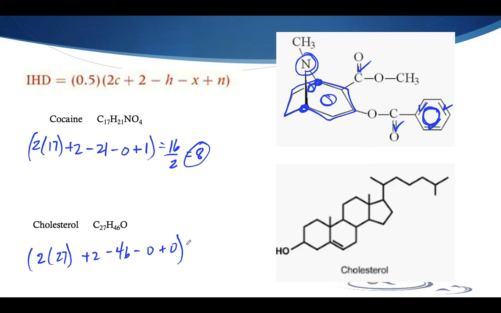Minus 46, that's 10. Divide by 2. I'm looking for 5 degrees of unsaturation. Again, let's find the pi bond first. There it is. And then let's find the rings. 1, 2, 3, 4. 5 degrees of unsaturation. See how these match up?